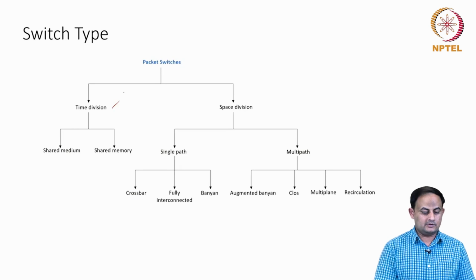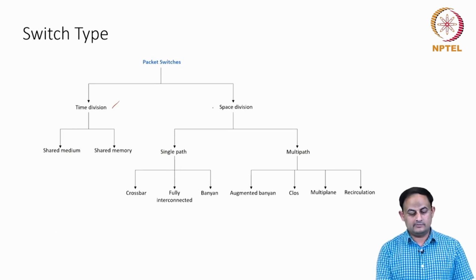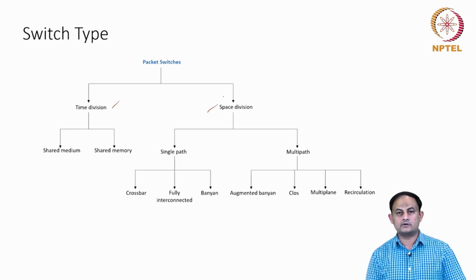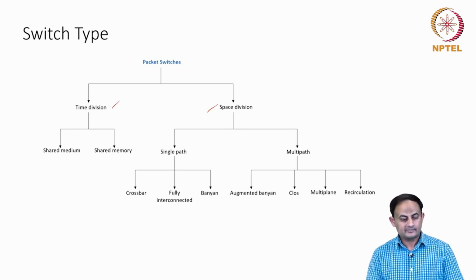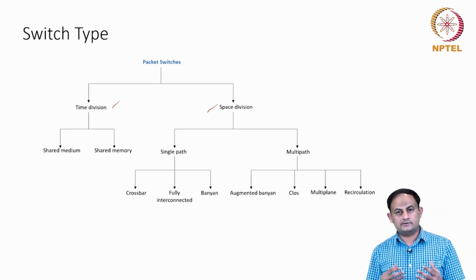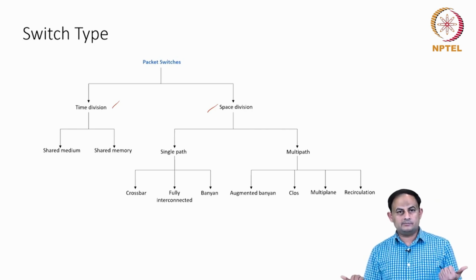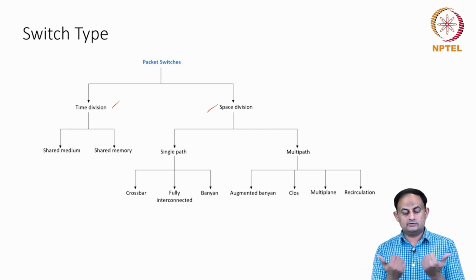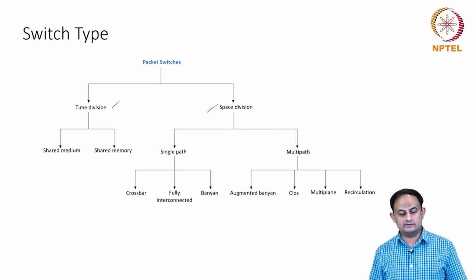The first one is called the time division fabric, and the second one is called the space division fabric. In the time division fabric, only one pair of port numbers is engaged in the conversation.